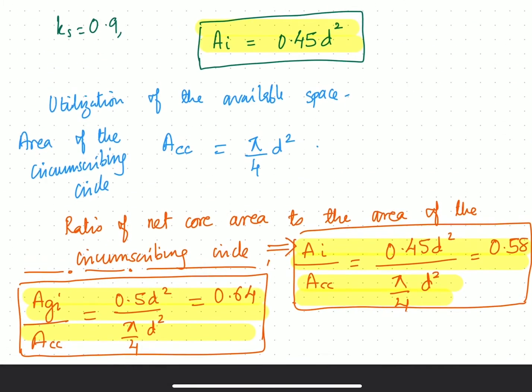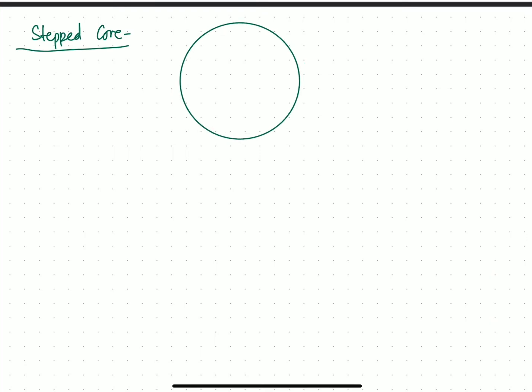Okay. Next, we talk about a stepped core. So a stepped core looks something like this. You have the inner part, the inner rectangle, which looks something like this, and then you have the outer parts.